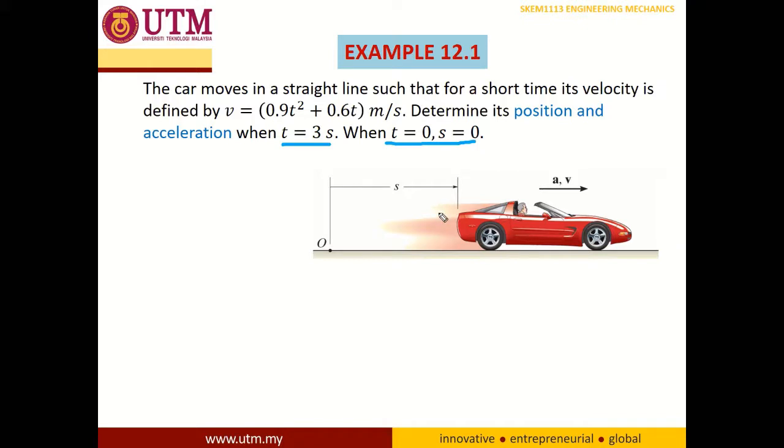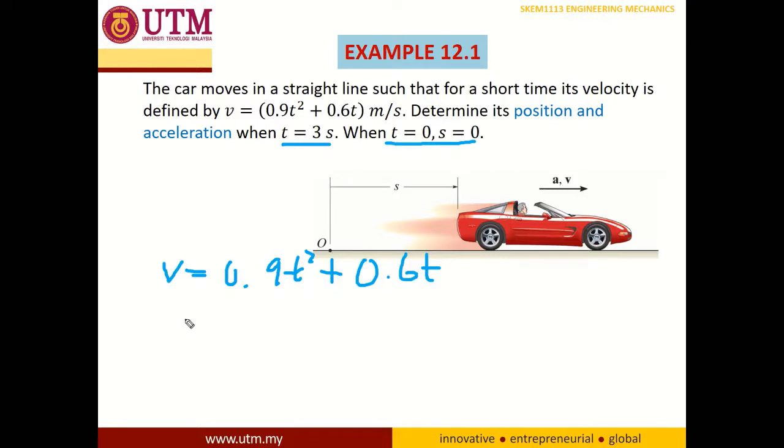To find this, we have the velocity equation, which is v equals 0.9 t squared plus 0.6 t. Of course the acceleration is not constant, so we have to integrate this equation to get the position.